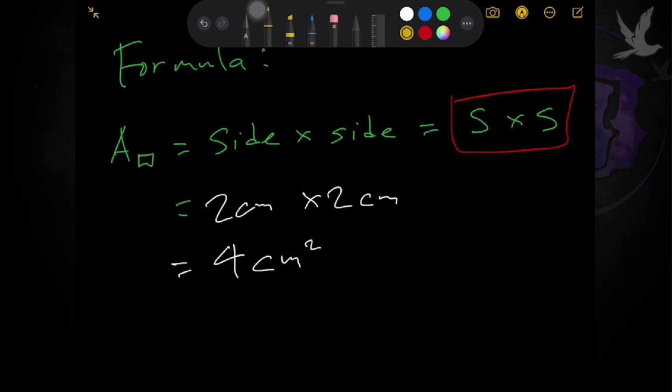If you multiply two same units, cm times cm will give us cm squared. For those who are doing advanced mathematics, they know about this. Basic laws of exponents. Yan. Okay. So, ganun lang kadali. Area of a square, all you need to do is just to multiply the sides. Yun lang. Side times side and you are done.